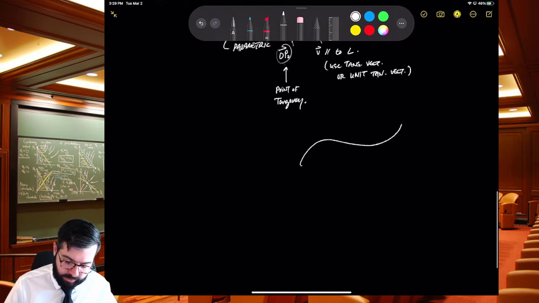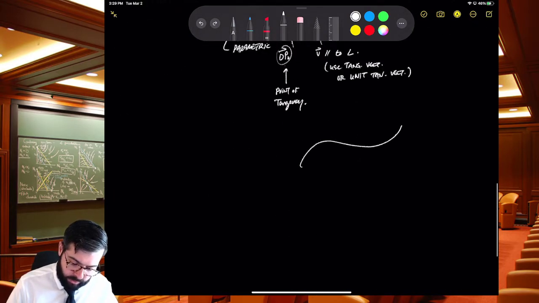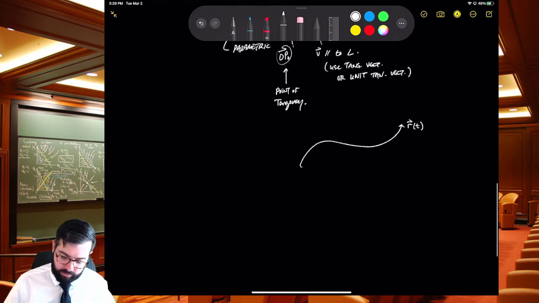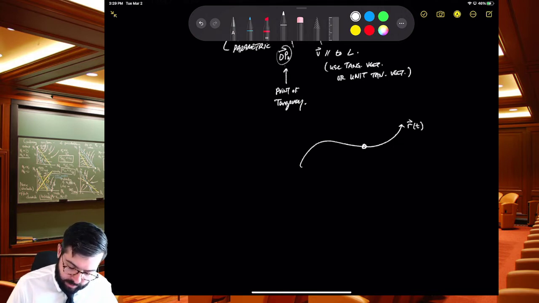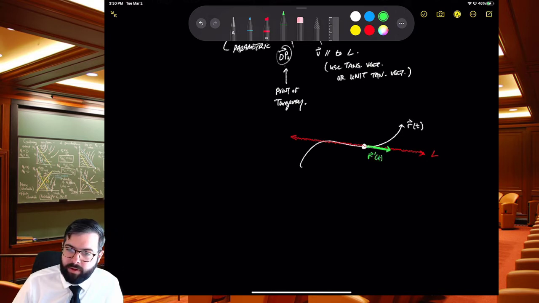In general, if I have this as my curve, here at this point of tangency, I'm looking for the line that is tangent to the curve. So it's going to be parallel, sitting on top of r prime of t at that point.